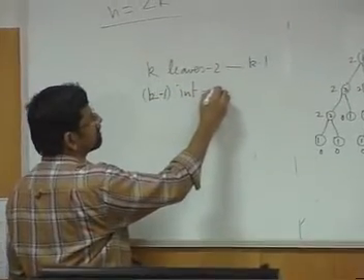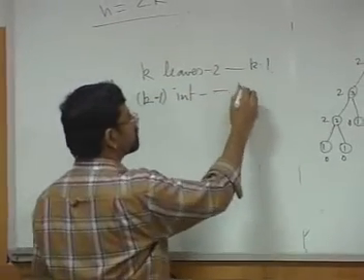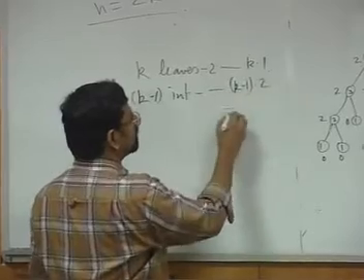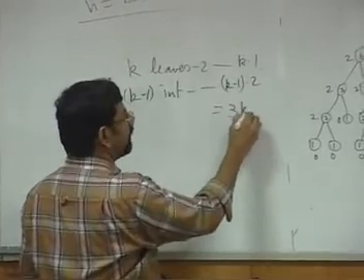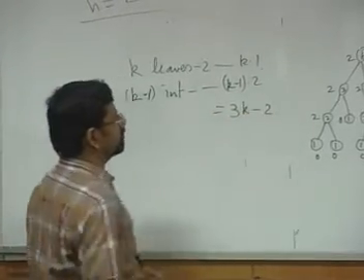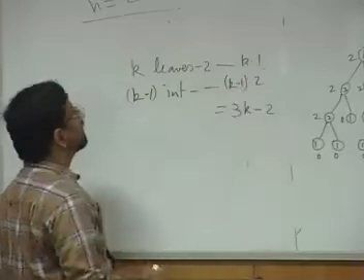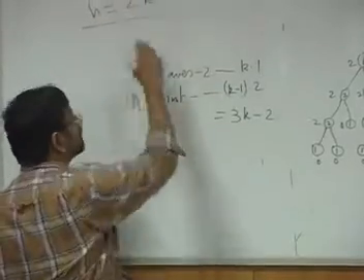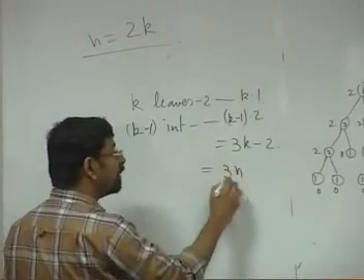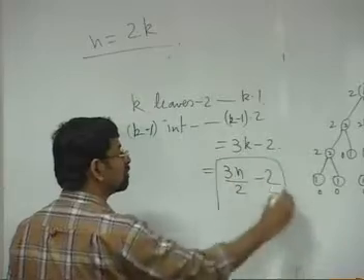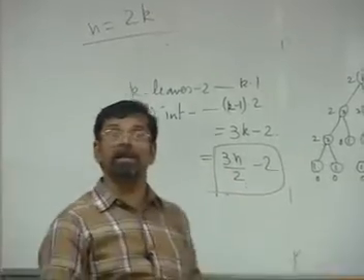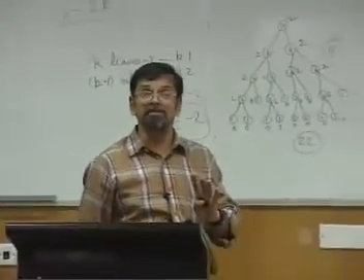Each internal node will have 2 comparisons. So k minus 1 into 2. Therefore this is 3k minus 2. This is 2k plus k, 3k minus 2. But what is k? k is n by 2. This is 3n by 2 minus 2. This is when n is even.